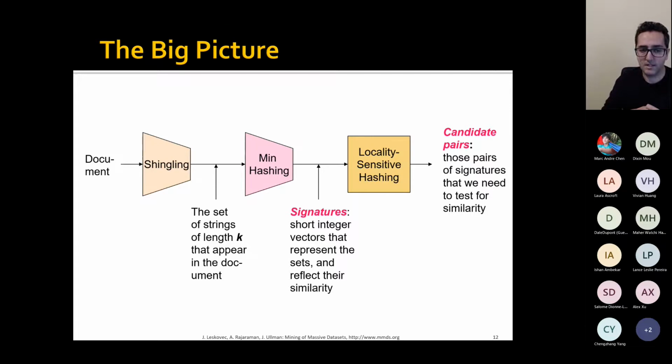Okay, so that's the high level picture of what we want to do. All right, we start from a set of many documents and we want to find similar items. Basically, the layout of this lecture is talking about each of these steps.